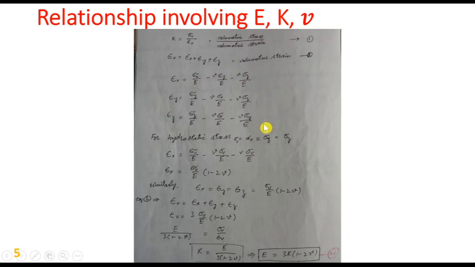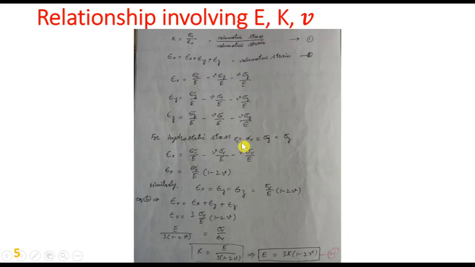And as we have discussed in generalized Hooke's law, epsilon x is equal to sigma x over E minus mu into sigma y over E minus mu into sigma z over E. Epsilon y is equal to sigma y over E minus mu into sigma x over E minus mu sigma z over E, and epsilon z is equal to sigma z over E minus mu sigma x over E minus mu sigma y over E. For hydrostatic stress, all these stresses sigma x, sigma y, sigma z are the same and equal. When these are equal, just put a single one, sigma v.